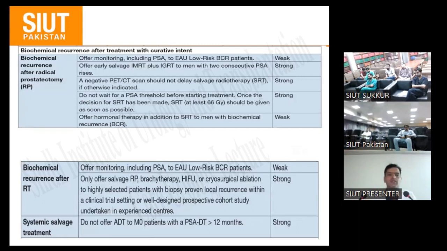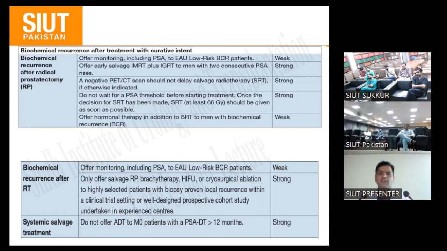Biochemical recurrence after radical prostatectomy: offer monitoring including PSA, low resolution and weak strength. Offer early salvage image guided radiation therapy plus intensity modulated radiation therapy to men with two consecutive PSA rises, strong strength.